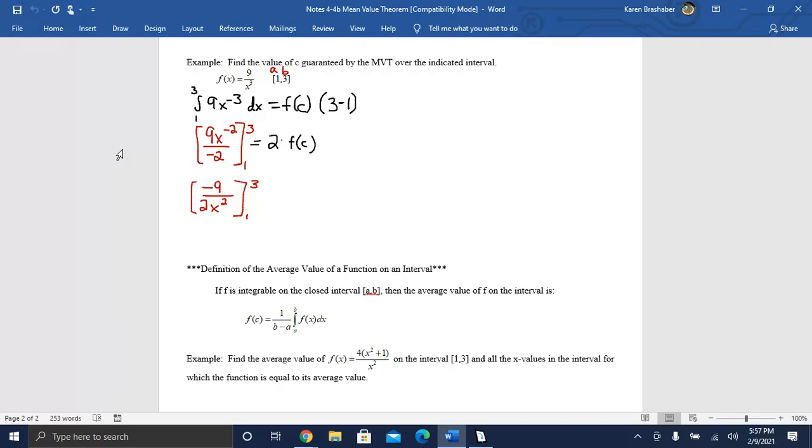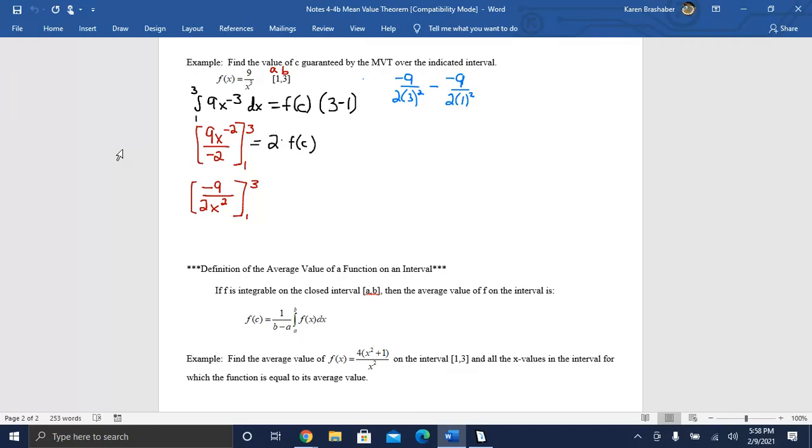So my next step will be to apply the fundamental theorem of calculus. So that is f of b. I'm going to plug in, I'll have negative 9 over 2 times my b, which was 3 squared, and then minus f of a, so negative 9 over 2 times the 1 squared.